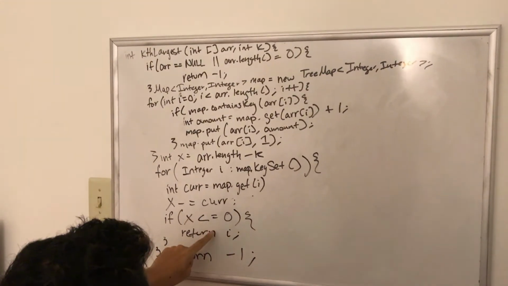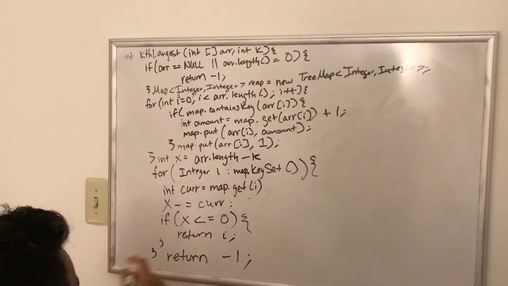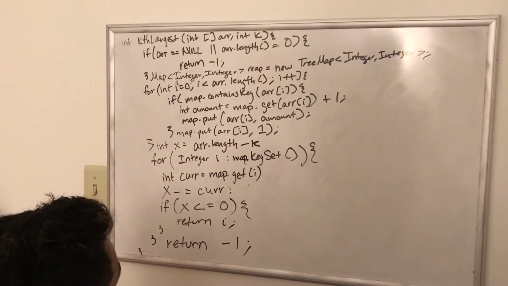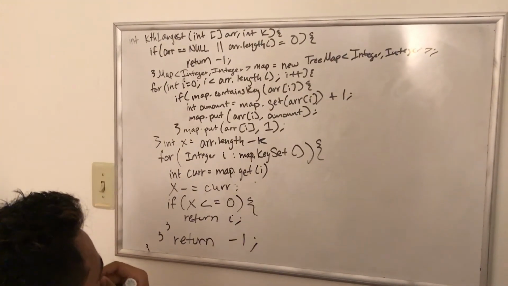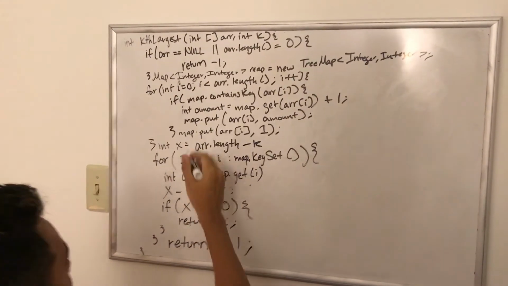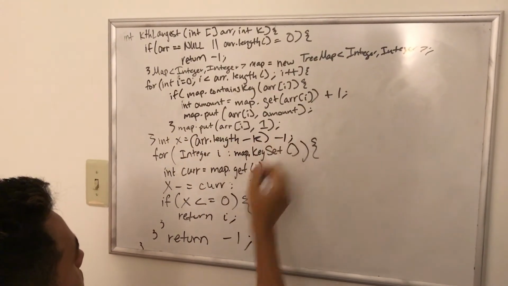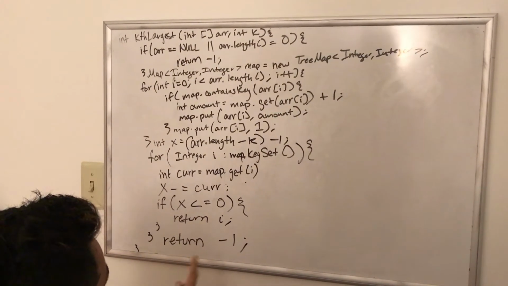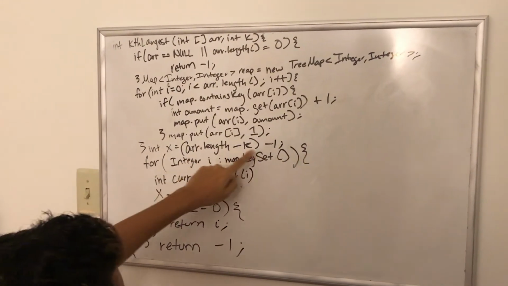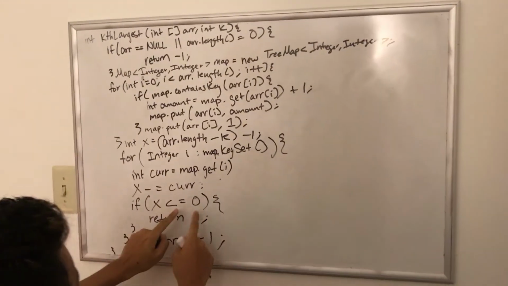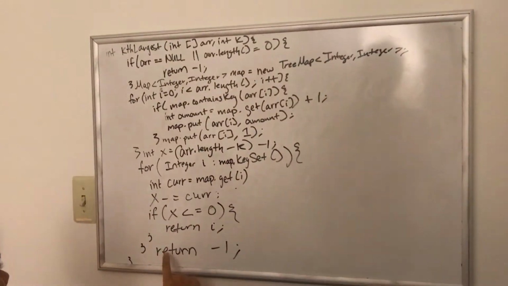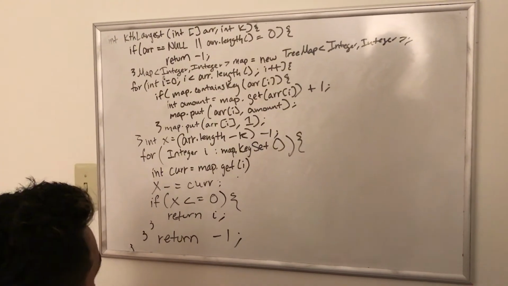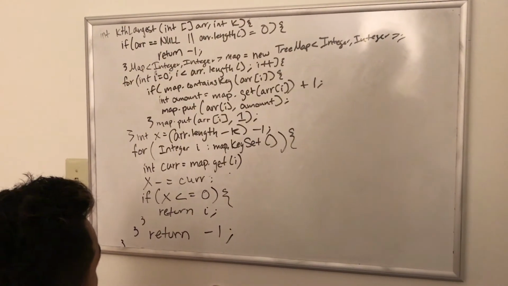So when x is less than or equal to 0, because it's going to give you a negative number, you've hit that value 2, and you can just return I. Yeah, I think it might be off by 1, so right here I'll just subtract 1. Yeah, it was off by 1, sorry. If you subtract by 1 there, it should give you a value less than or equal to 0, and that means you've hit 2, and you can return that value 2. So that should work.